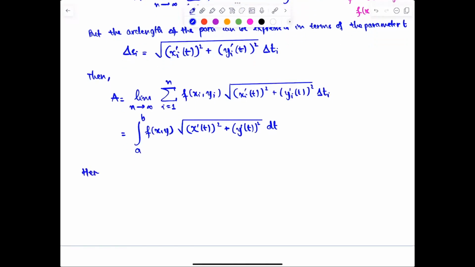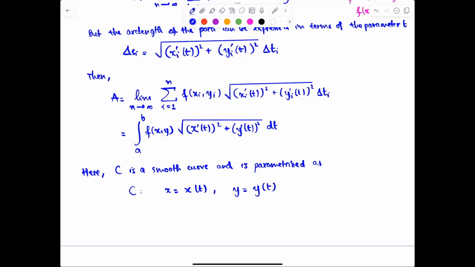Here, C is a smooth curve and is parameterized as x equal to x of t, y equal to y of t, for t between a and b.